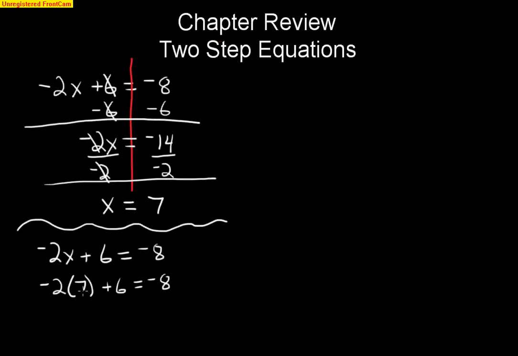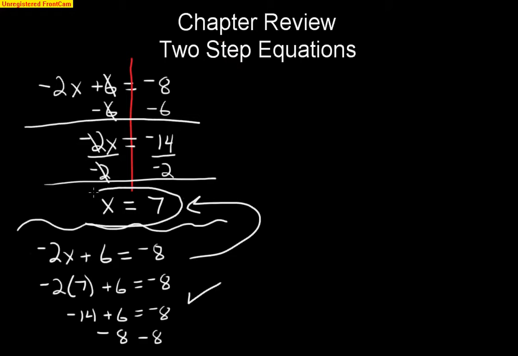A negative 2 times 7 gives you a negative 14, and then the plus 6 equals negative 8. A negative 14 and a positive 6 is indeed a negative 8. So this verification checks out, and we know that x really does equal 7 as your solution.